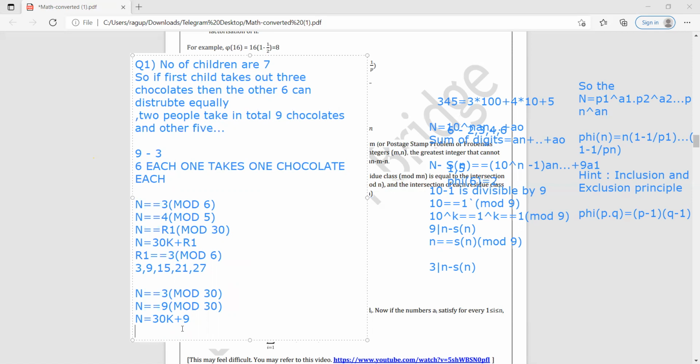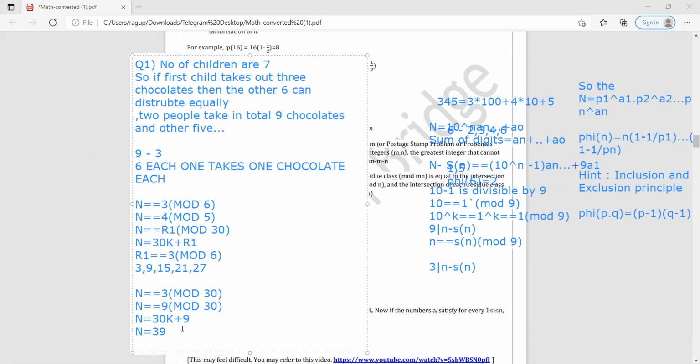Although it is mathematically correct that 5 divides 0, we have to see it in a practical aspect also. So the next number which satisfies the condition is 30 into 1 plus 9, which is 39. So let's check if it is correct.